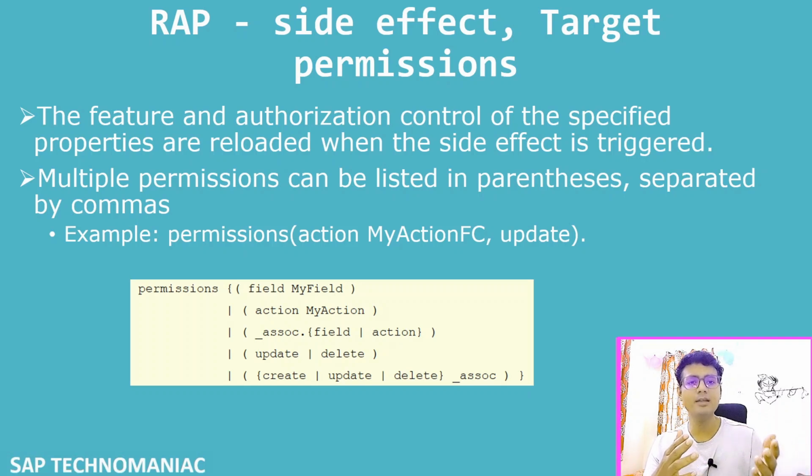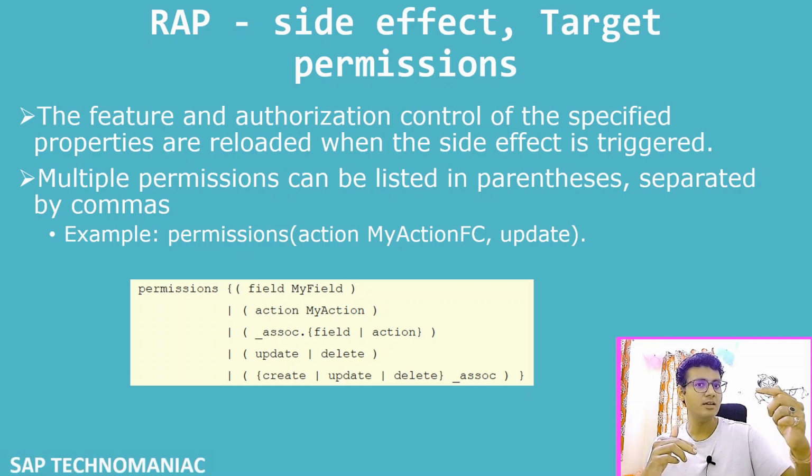For example, a real-time example we have seen in my manage scenario: based on the status of the travel entity, if it is rejected, we were disabling the creation of the booking. If your travel is rejected, I don't want to create any further booking.